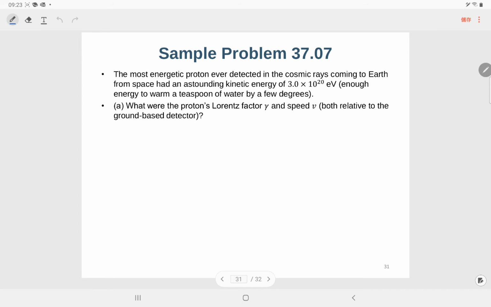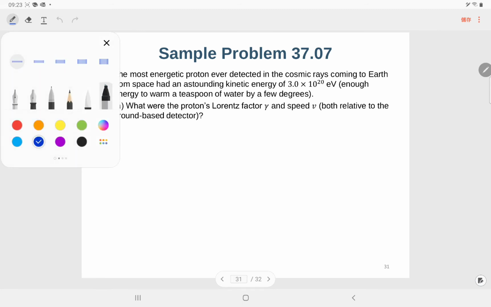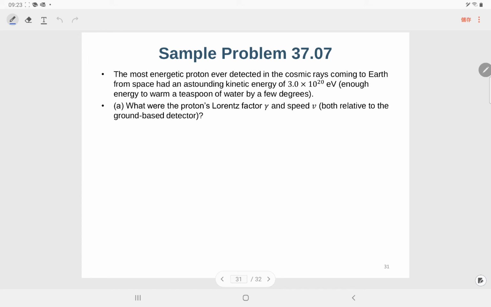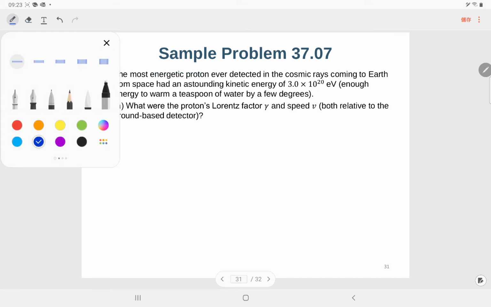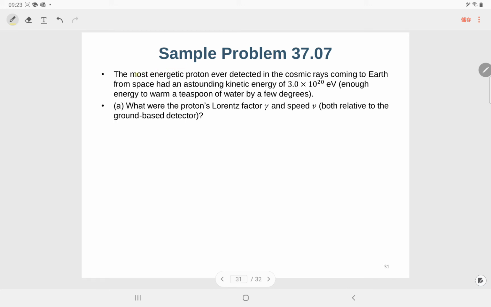So the next sample problem. The most energetic proton ever detected in the cosmic ray coming to Earth from space has an astounding kinetic energy, 3.0 times 10 to the 20th power eV.